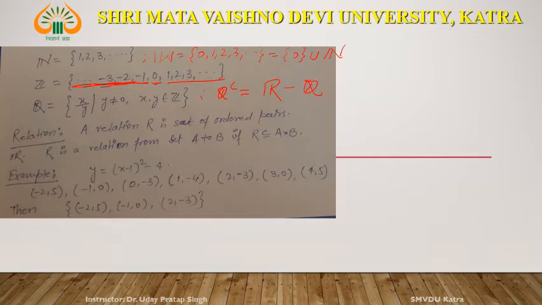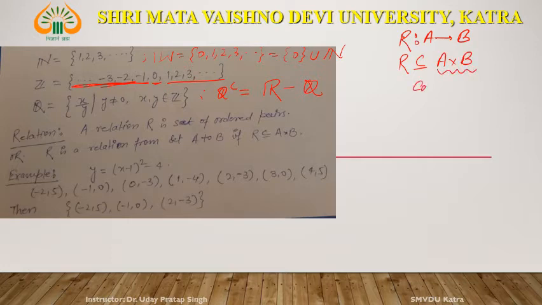Now we will discuss the relation. What is a relation? A vague definition of a relation is that a relation is basically a set of ordered pairs, right? When we talk about a relation, R is a relation from A to B, where A and B are sets, if R is a subset of A cross B. What is A cross B?